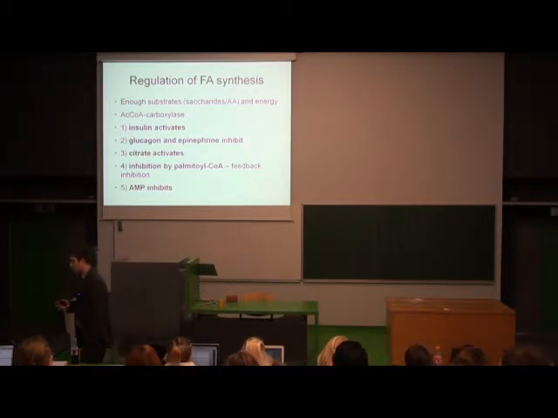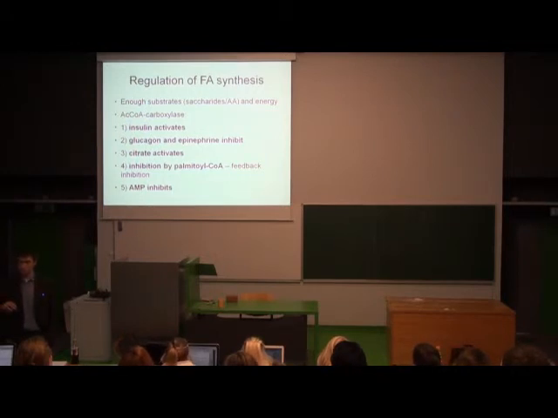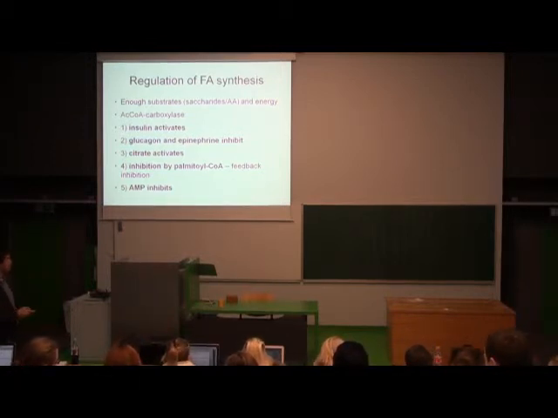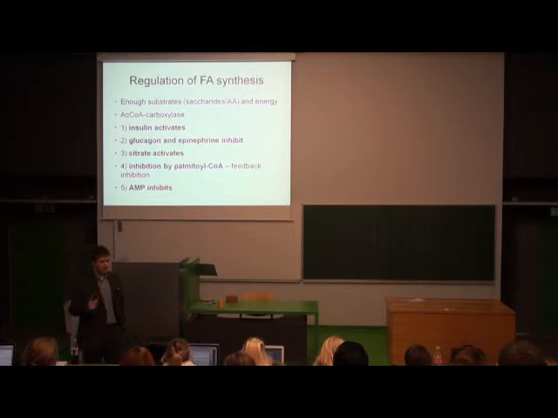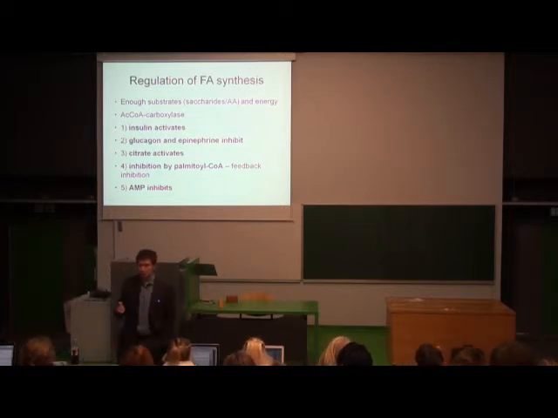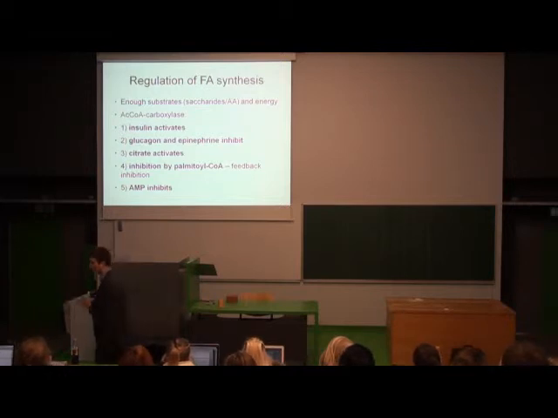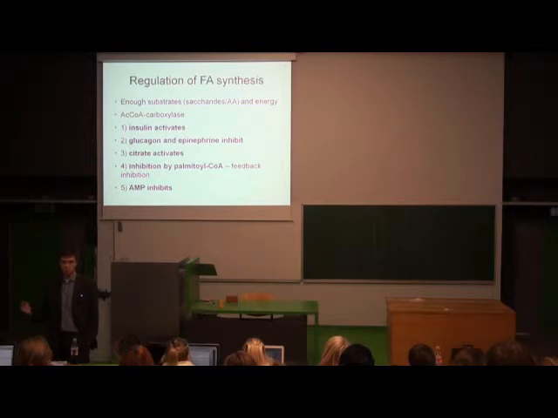You have to degrade them to acetyl coenzyme A. That's the substrate, and during the degradation of the other nutrients, you gain also energy. And here, if you have the substrates and energy, then there is a regulatory enzyme, the first enzyme of synthesis of fatty acids, and that's the acetyl coenzyme A carboxylase that produces malonyl coenzyme A.